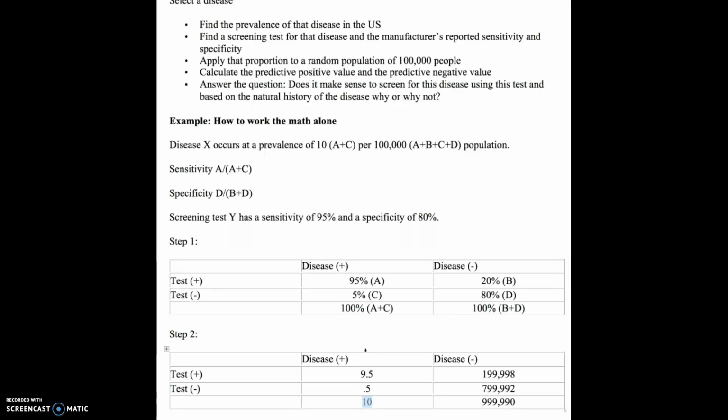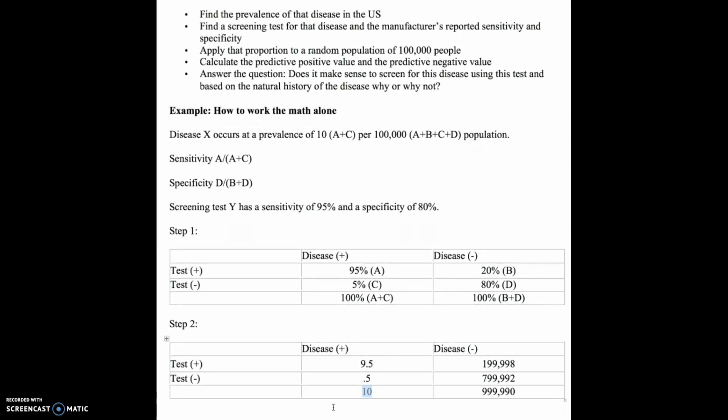Now you have to calculate the positive predictive and the negative predictive value. Now, the positive predictive value is A over A plus B. And that equals the positive predictive value.